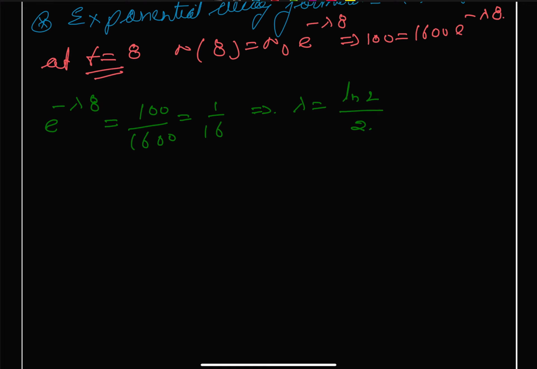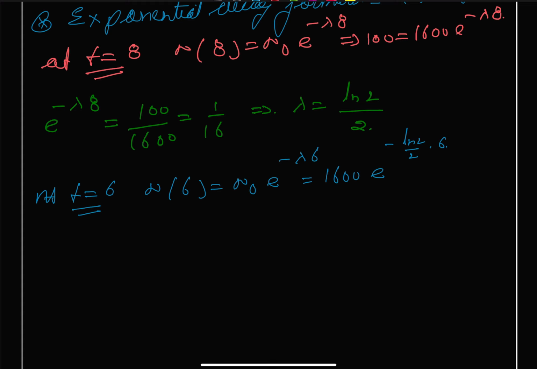So at t equal to 6, we can write n of 6 is equal to n0 e raised to power minus lambda 6. We just found out the value of lambda, and n0 we know is 1600, this becomes e raised to power minus natural log of 2, and whole multiplied by 6.